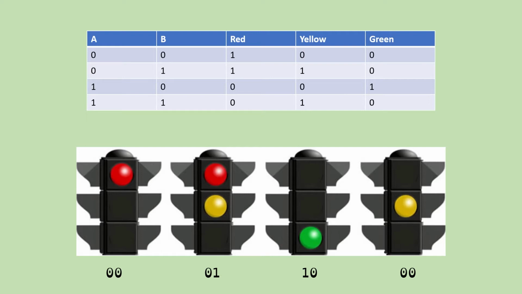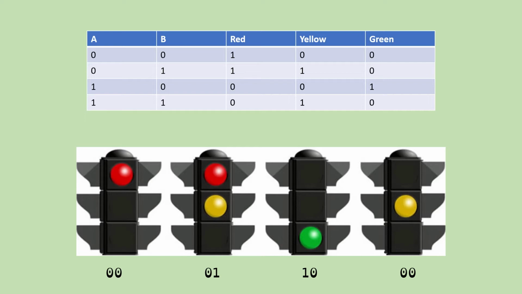So A and B, we're going to use those for the 2 bits of the binary number. A for the most significant bit, B for the least significant bit. So we've translated the states from the picture into the truth table. So on our 0, 0 phase, we've got red showing, but not yellow and not green.